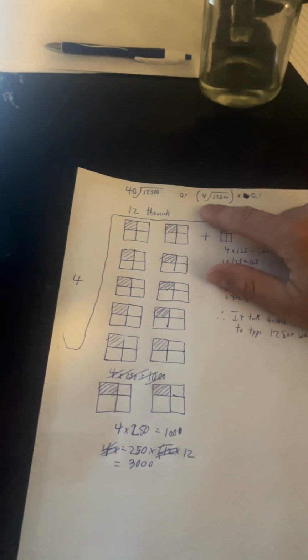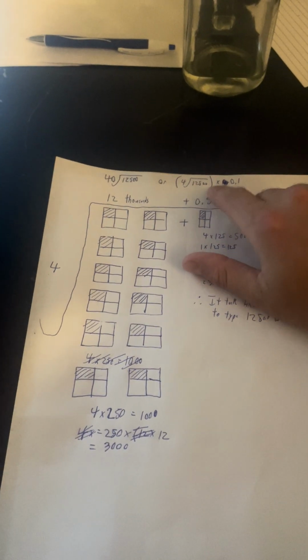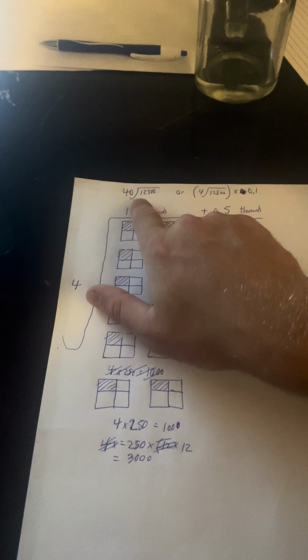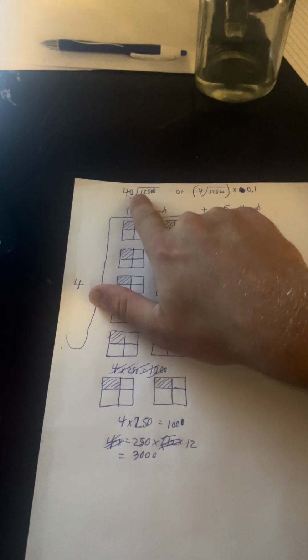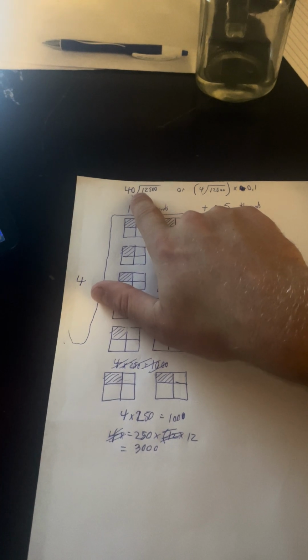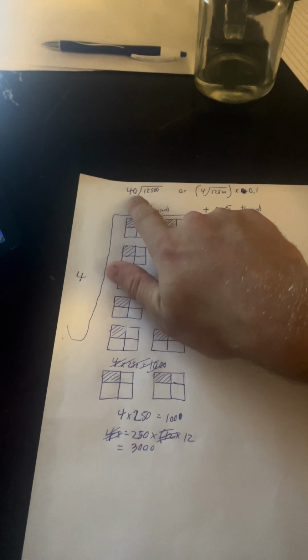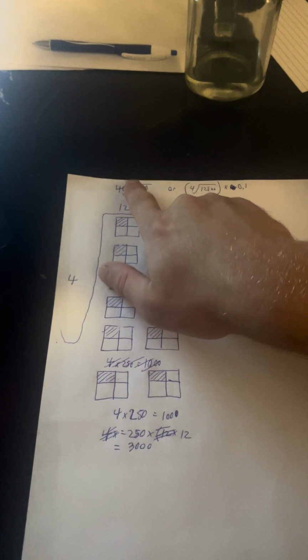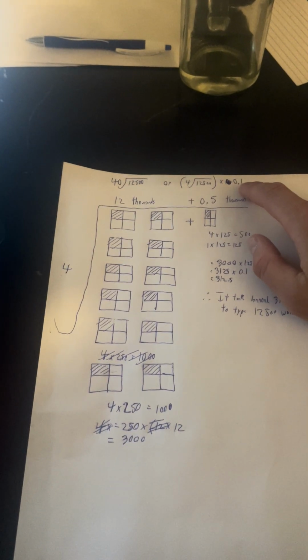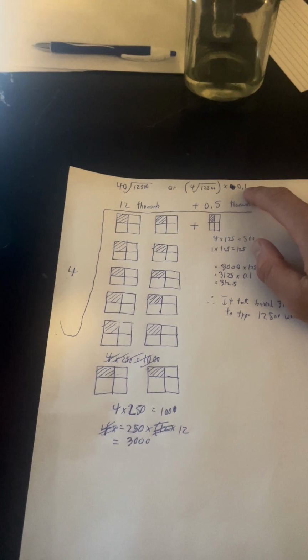The idea was that because we're making this into 4, we'll eventually have to multiply by 0.1.